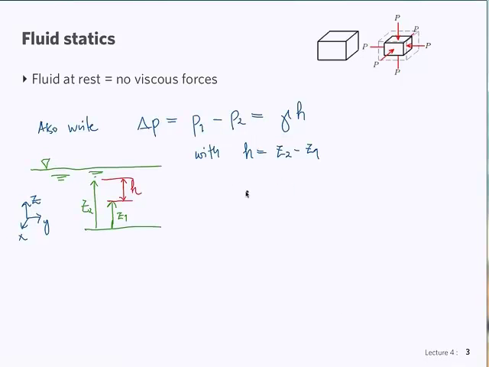There. Now, notice that from this way of looking at the equations, we can actually write H as a function of the difference in pressure, P1 minus P2 over gamma. You see that? I'm simply rearranging things a little bit. So this is interesting, and it's very useful in engineering.